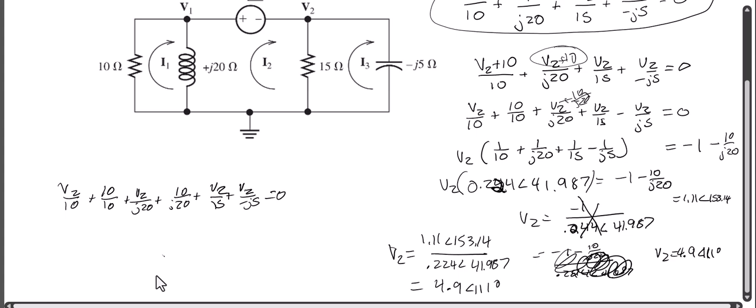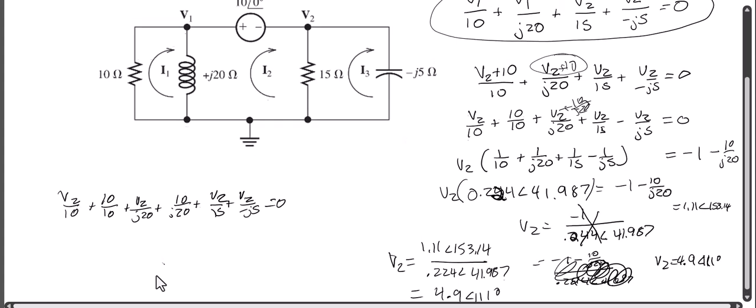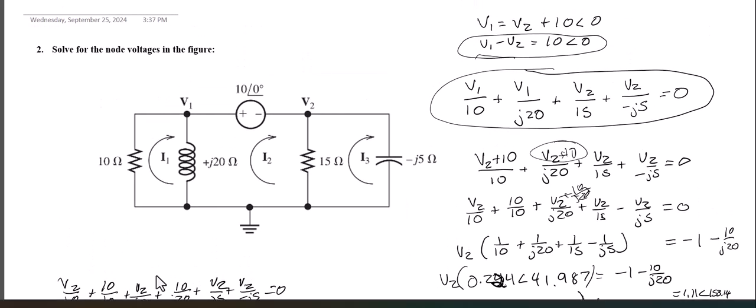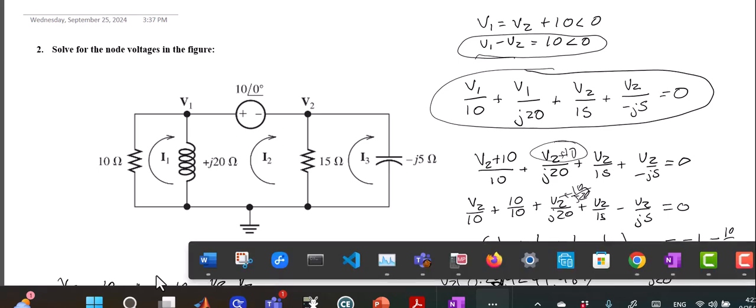Now, V1 is 10 more than that, and so to add 10 to that, it's a lot easier to have it in rectangular.